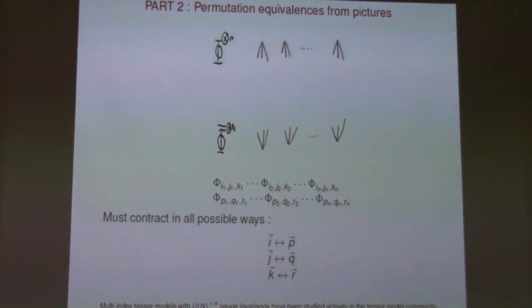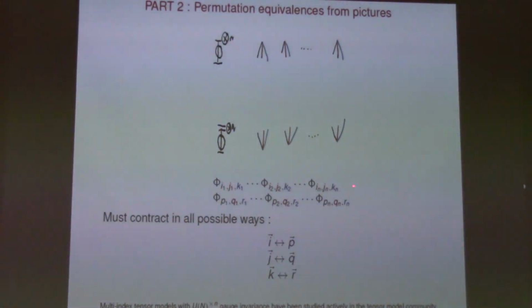Okay, so to identify the right permutation equivalences, you have to draw the right pictures. Take phi, let's say it's a 3-index case. So phi has 3 indices, I1, I2, I3. I'm going to draw them as black, red, and blue legs coming out of the vertex. That corresponds to phi. For n copies of phi, I have n vertices.